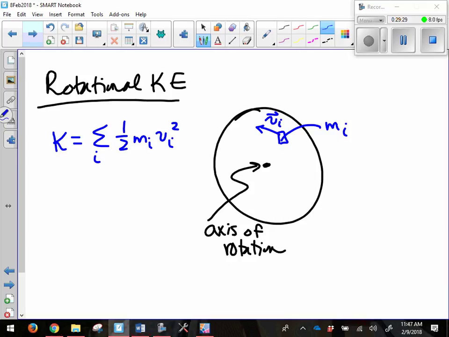I've got to take my disc or my wheel or my sphere, whatever it is, break it up into infinitesimally small little pieces, figure out what each speed is, figure out what its mass is, and add them all up. Which sounds like a pain in the neck. Because at every radius, I have a different linear speed, right?